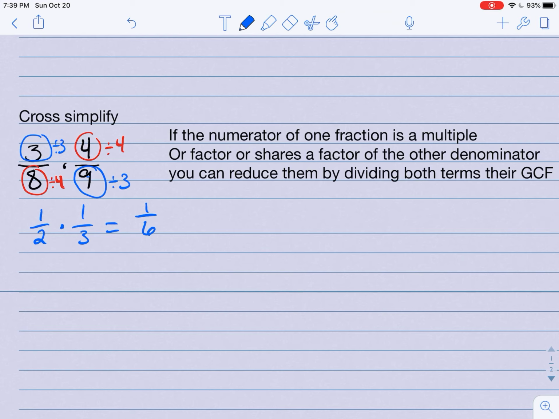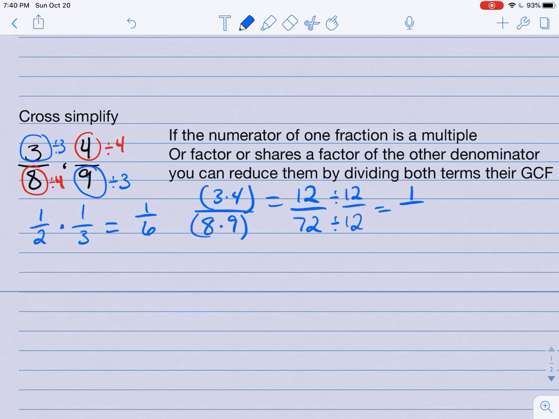Okay, so now just to go back and check this, we can go 3 times 4, which equals 12. And then 8 times 9, which equals 72. Okay, and now we know that 12 is a factor of 72, so you can divide both by 12, which is going to give us 1 over 6.